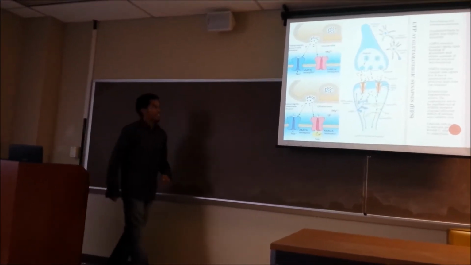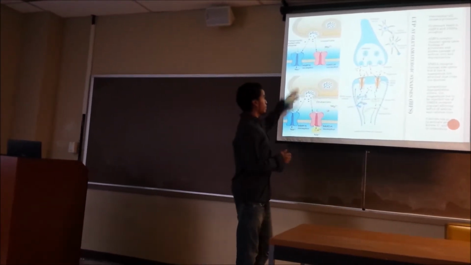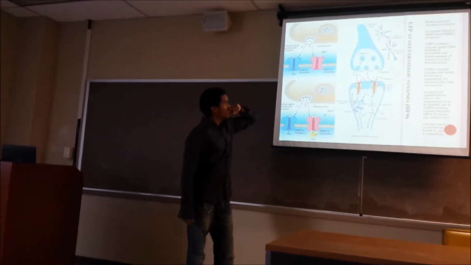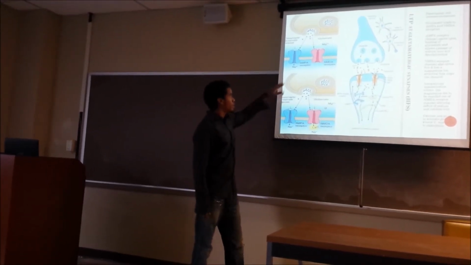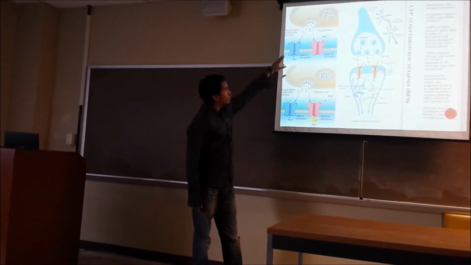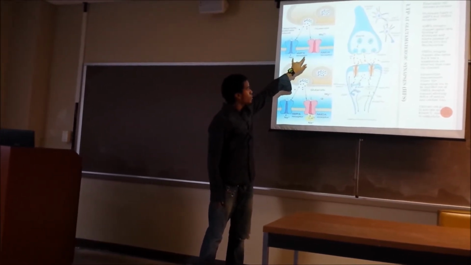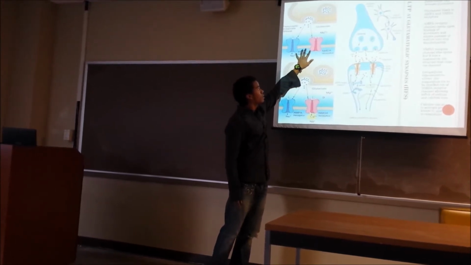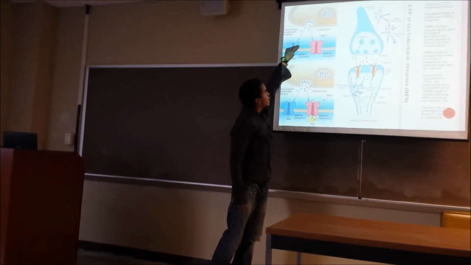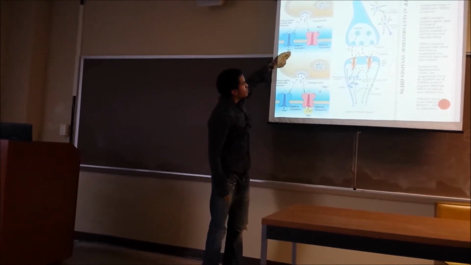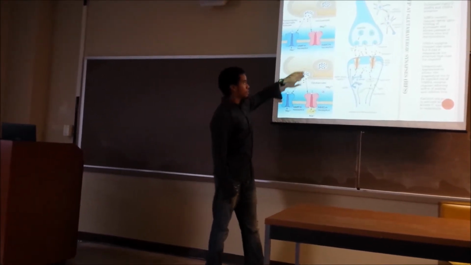Alright, so at glutamatergic synapses, you have the AMPA glutamate receptor and the NMDA glutamate receptor. Basically, when the presynaptic cell releases glutamate, it binds to both AMPA and NMDA. Once it binds to AMPA, it opens the channel and allows an influx of sodium ions, which depolarizes the cell.